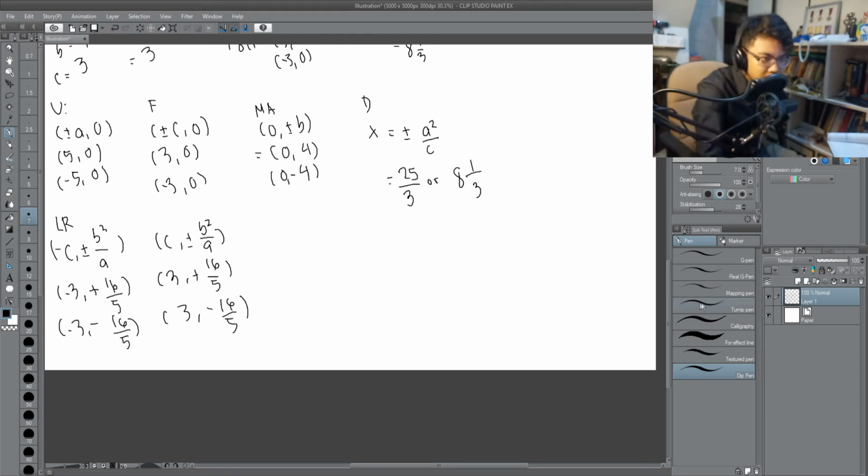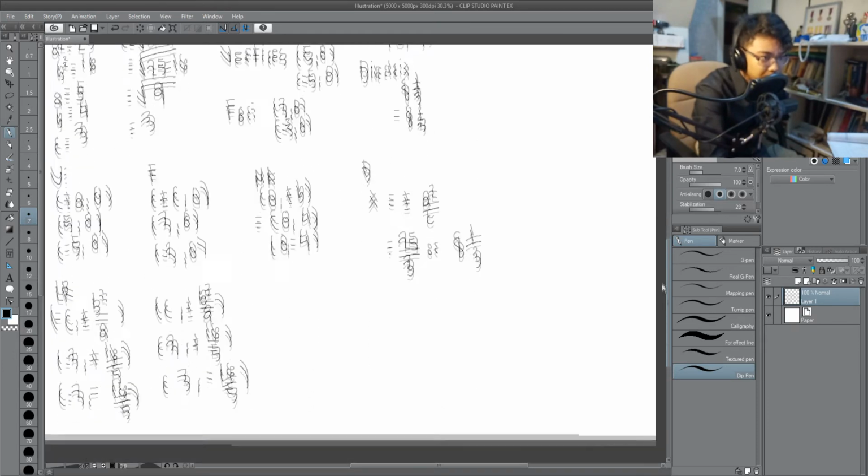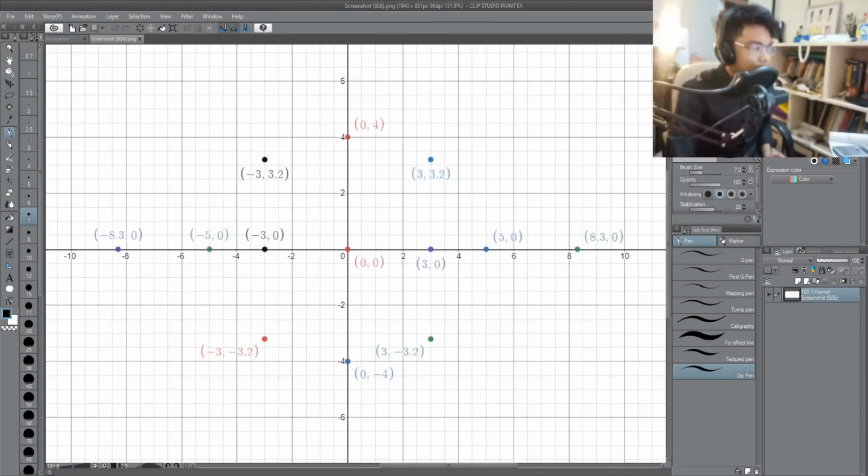So we have all the things needed to graph this: the center, the vertices, the foci, the minor axis, the directrix, and the latera recta. So now let us move over to graphing this thing. Okay, so I'm gonna explain to you what I did and what each point of the graph represents. First of all, let's start with the easiest one. Let's go with red.